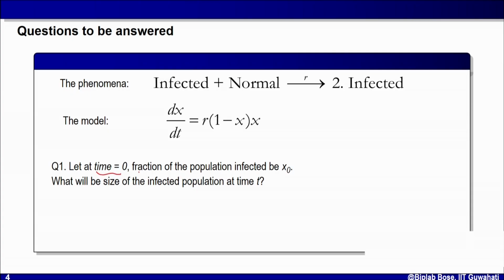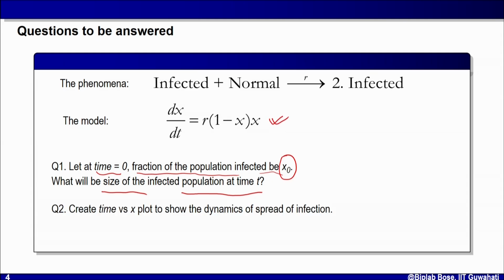Then how many people will be infected after 1 week? So the question can be written in generalized form: at time equal to 0, suppose the fraction of population infected is x naught, then what will be the size of the infected population at time t? This can be one question, and you can try to answer this question using this ODE.